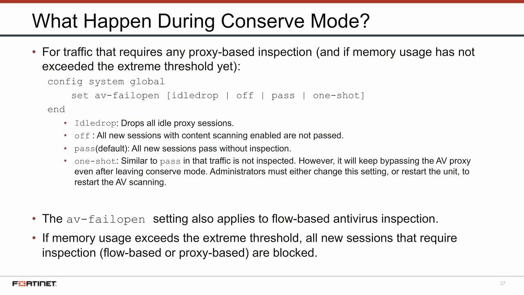However, it will keep bypassing the AV proxy even after it leaves conserve mode. Administrators must either change this setting or restart the unit to restart the AV scanning. However, if the memory usage exceeds the extreme threshold, new sessions are always dropped, regardless of the FortiGate configuration.